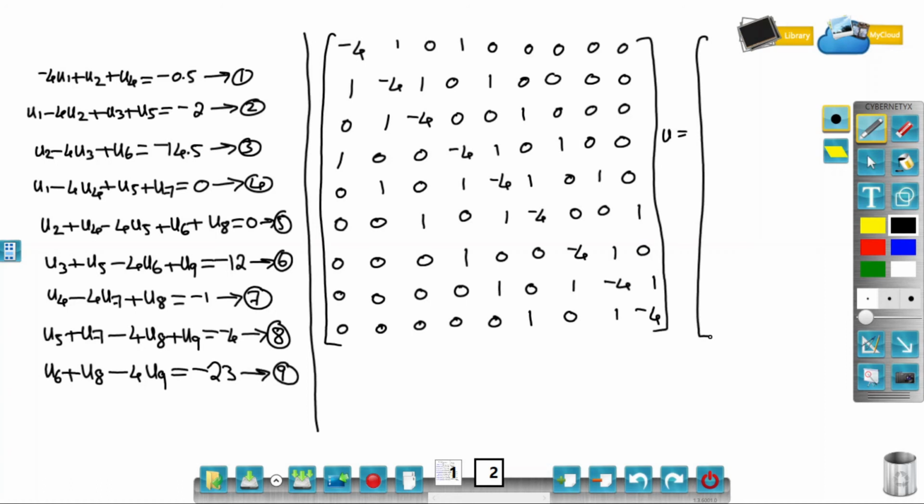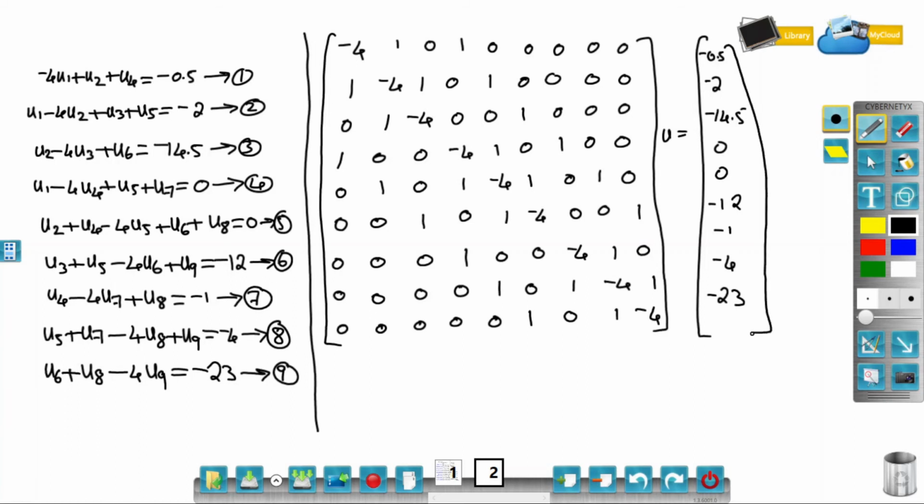What is the output? First equation we have minus 0.5, second equation minus 2, third equation minus 14.5, fourth equation 0, fifth equation 0, sixth equation minus 2, seventh equation minus 1, eighth equation minus 4, and last equation minus 23. So there are 9 outputs.